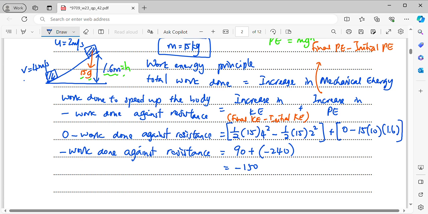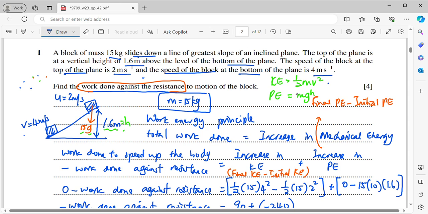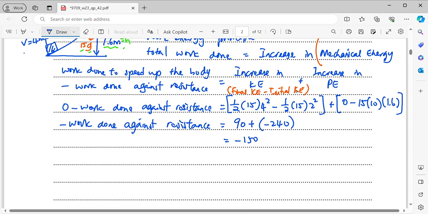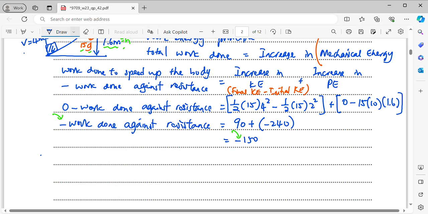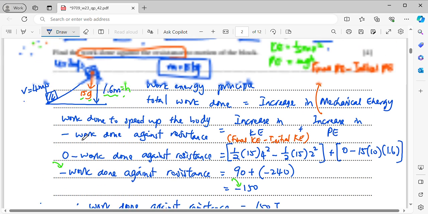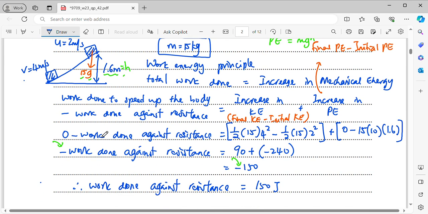Since the question is asking for work done against the resistance, and I have a negative here and this is also negative, the negatives can be cancelled off. At last, I will be getting the answer as work done against resistance equals 150 joules. Okay, so this is the working for question number 1.